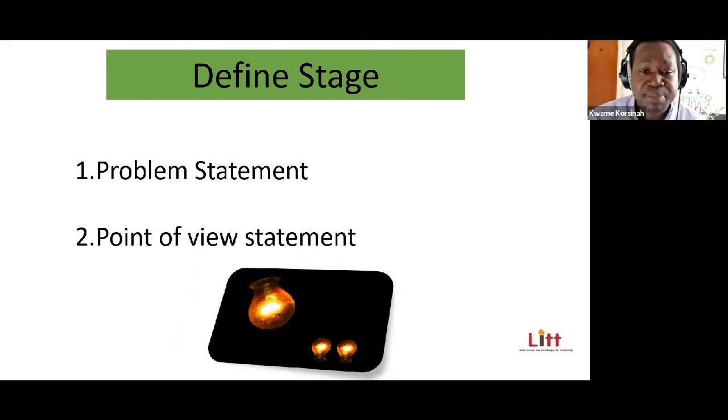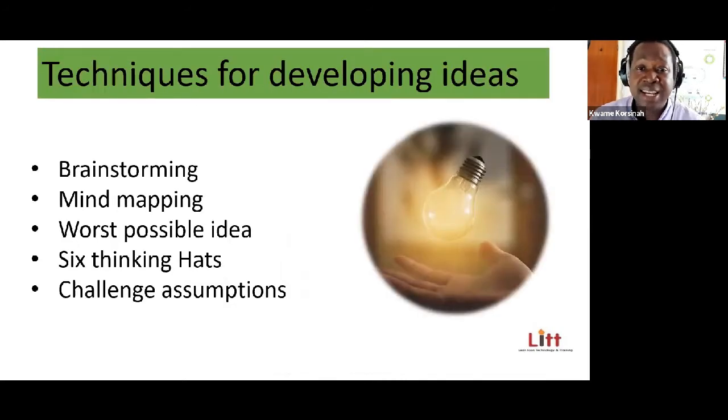Our problem statement and our point of view statement are the key things we need at this stage. And we'll use the data from the define stage where we've created a problem statement and where we've put together the point of view statement. And with these two statements in place, we can now go into the ideation stage.